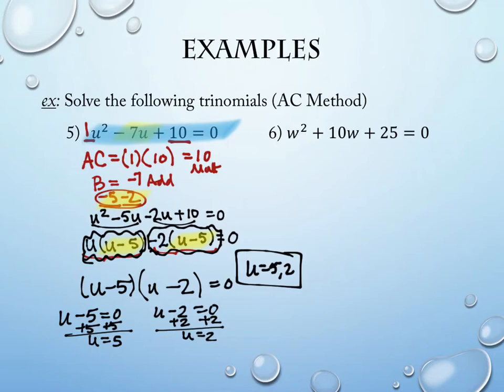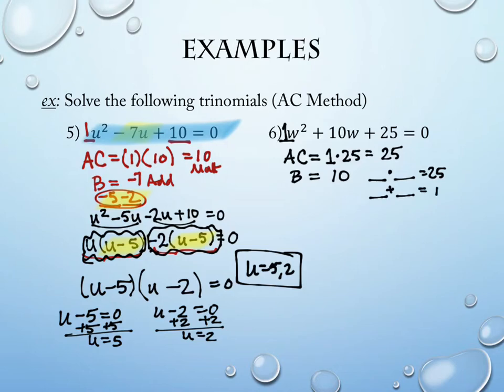So the AC method, again, remember, says I multiply A times C. Well, right now, A is the very uninteresting number 1. C here is 25. So I have 25. And my B value this time is 10 in the middle. So I need two numbers that multiply to give me 25 and that add to give me 10.